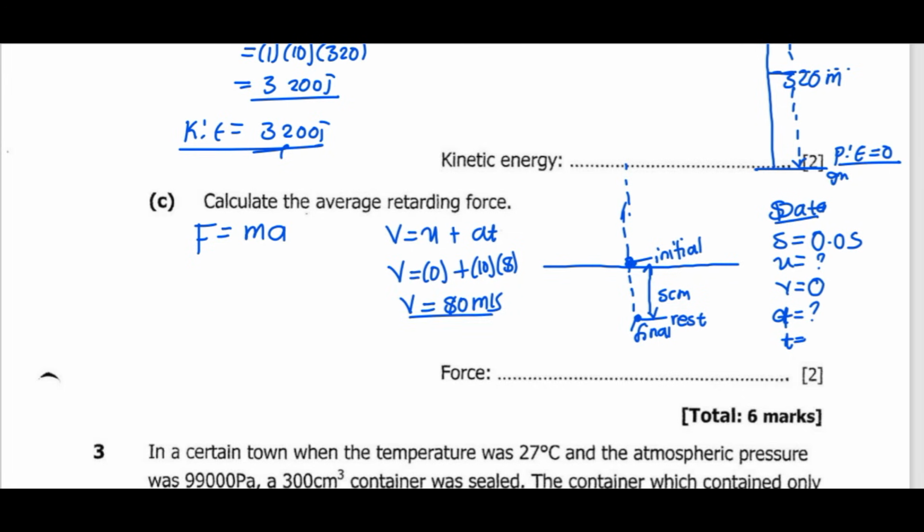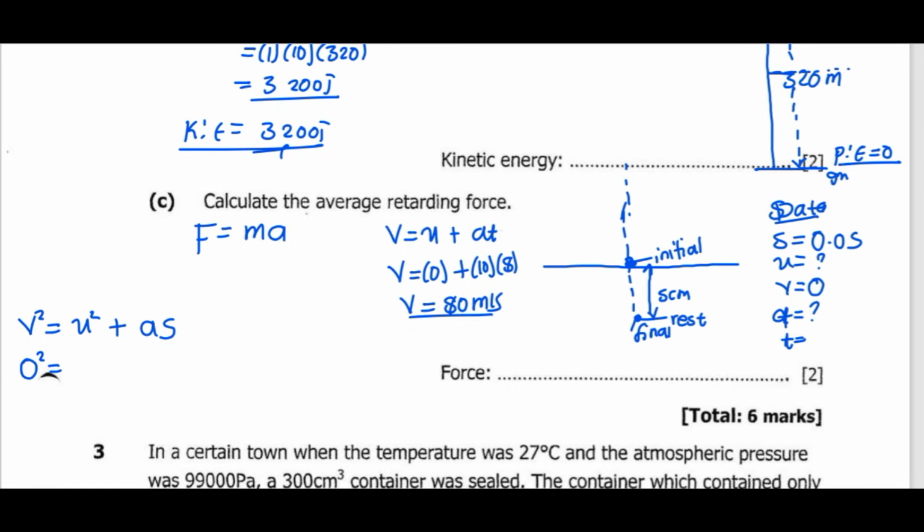We have this. So we can use now which formula? So let's use this formula. I need some space here. So v squared is equal to u squared plus 2as. So our final is 0 at this point. 0 squared.